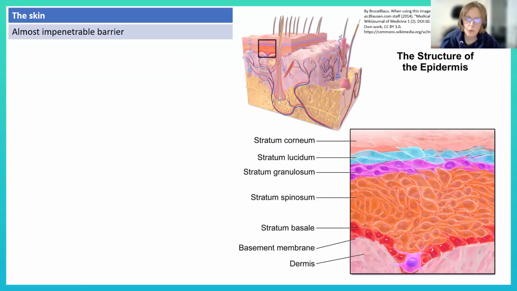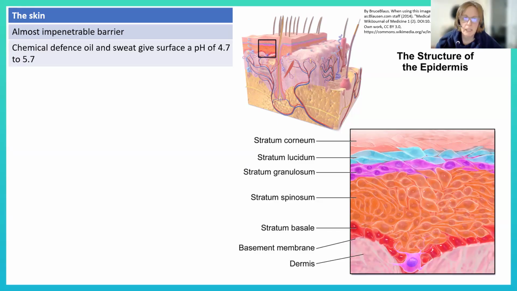So the skin is almost impenetrable. We're pretty safe, to be honest, from infection via the skin, unless we get a cut. We tend not to get anything burrowing through. It's pretty good, pretty safe. But obviously we do get cuts and scrapes and things fairly frequently.